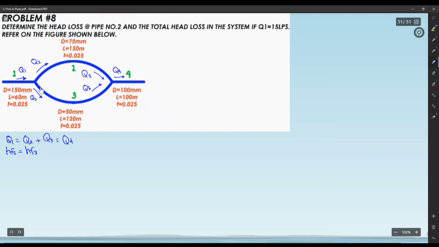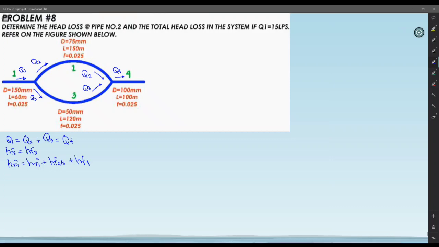And to solve for the total head loss nitong buong hydraulic system, the total head loss is equal to the head loss ng pipe 1 plus either the head loss sa pipe 2 or pipe 3. Okay lang yan, pareho lang yan, kasi equal lang yung dalawa. And then plus the head loss in pipe number 4.